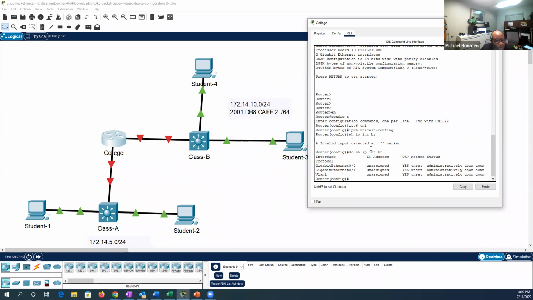In a real world scenario, FE80::1, I could put it here on this gig 0/0 interface, and I can also put it on the gig 0/1 interface. The reason is because that link local address is only specific to this link. It can't talk outside of any other interface.